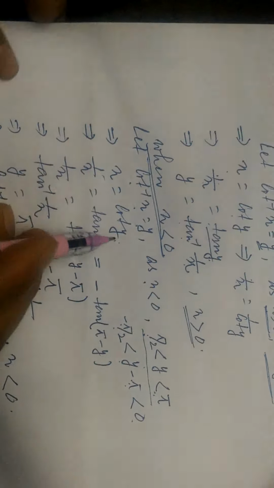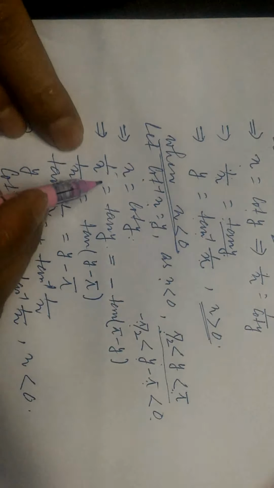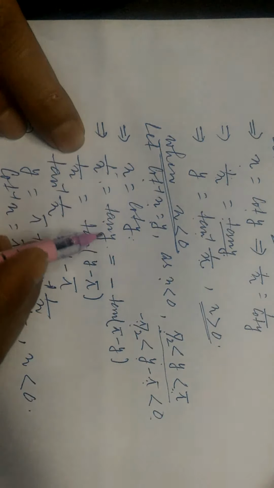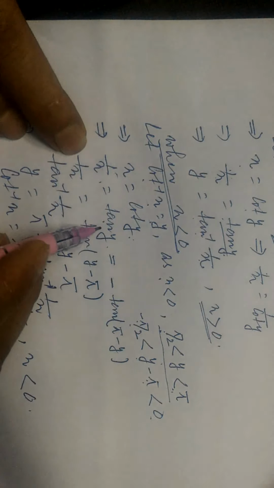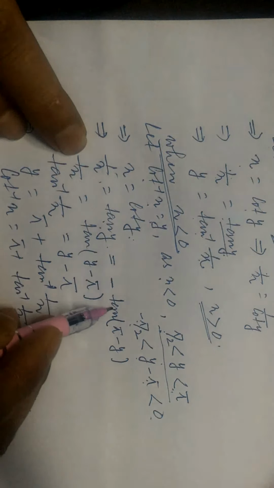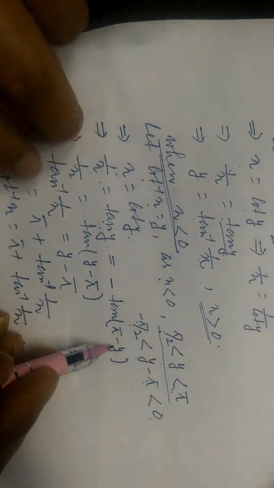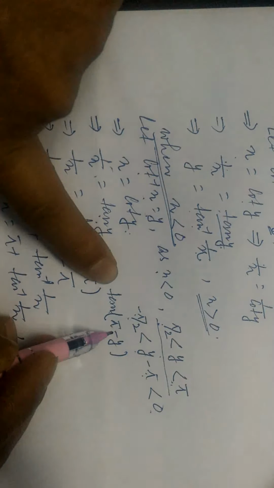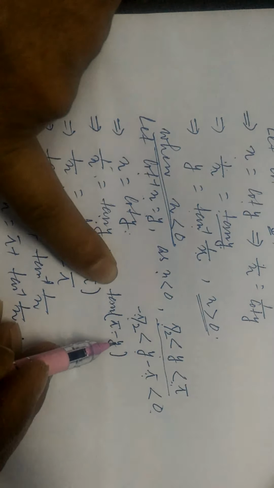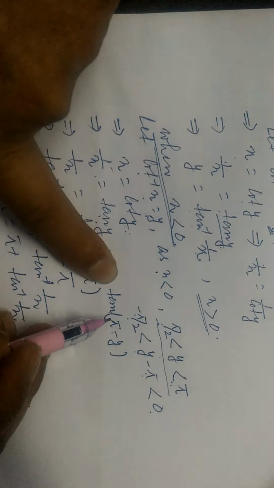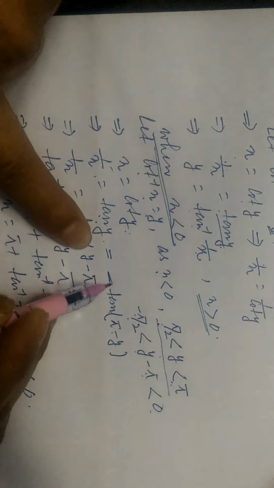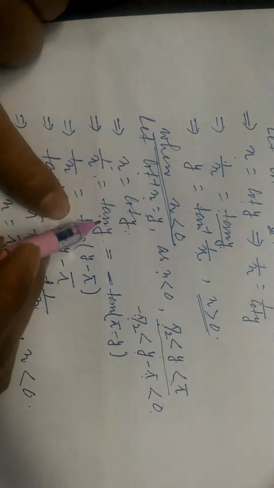Now here x is equal to cot y. Again on the same line, 1 by x is equal to tan y. Tan y we can write as minus tan of pi minus y. Why? Because tan of pi minus y is minus tan y, and we want to write tan y, so we put a minus. So minus of tan of pi minus y is tan y.